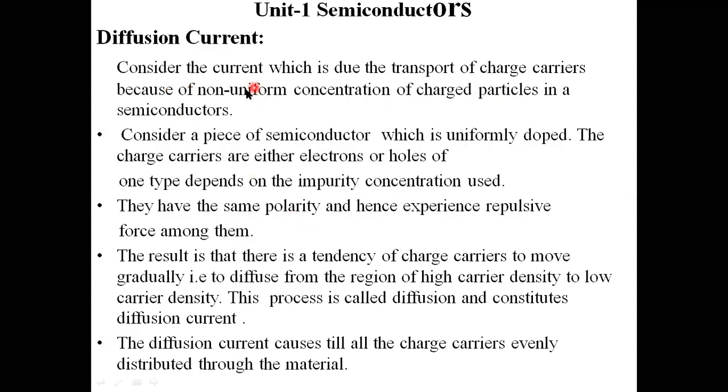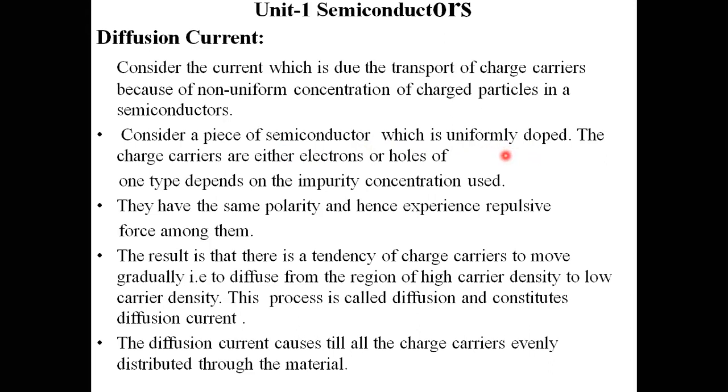Consider the current I am obtaining here due to the transport of charge carriers in a non-uniform concentration of charge particles in a semiconductor. And again, that semiconductor material is non-uniformly doped. Non-uniformly doped means the travel of charge carriers is different here, whereas in uniformly doped, the traveling of charge carriers will be in a uniform fashion.